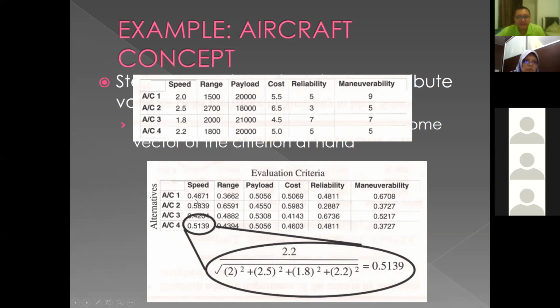If you want to calculate for this particular box here, you can use this value. For this one, to get 0.4671, you have to divide 2.0 by all these numbers.